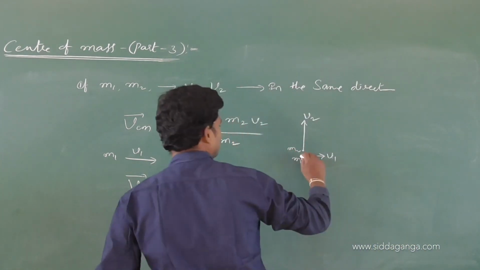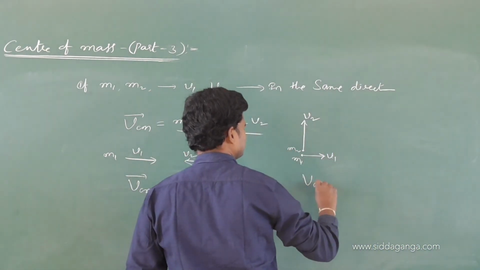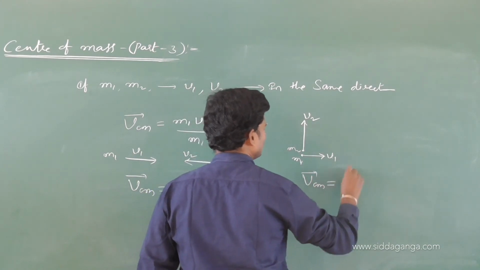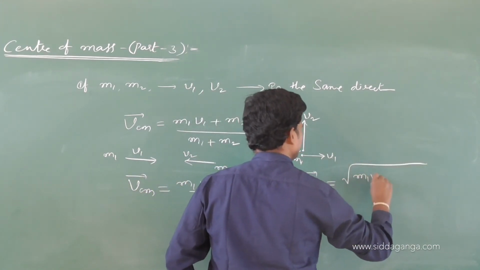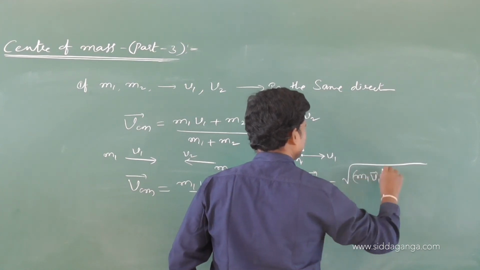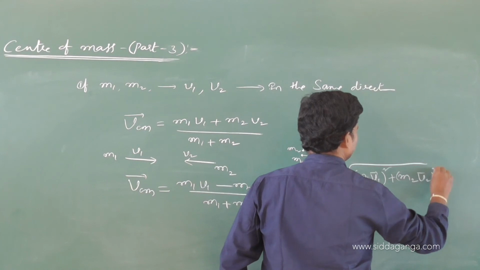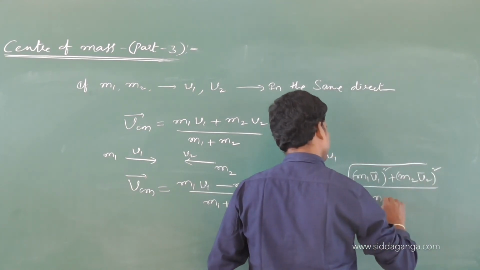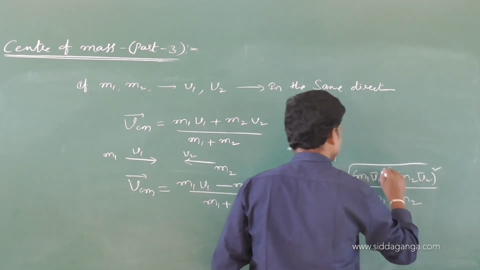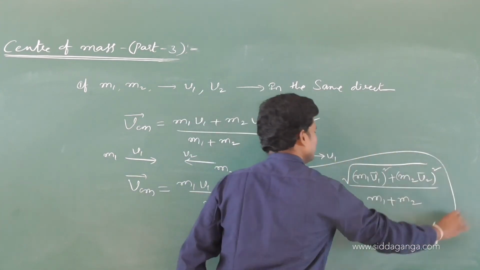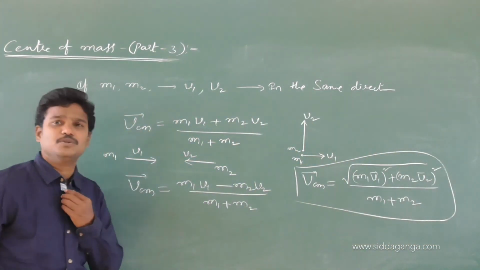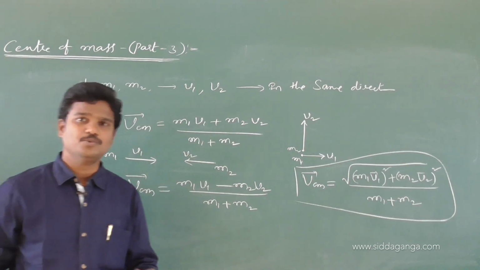Here the velocity of center of mass we can write like this, using the parallelogram law: root of m1 v1 square plus m2 v2 square, by m1 plus m2. Anyhow, square is there, so no need for a sign. So this is the velocity of center of mass when two particles move perpendicular to each other.